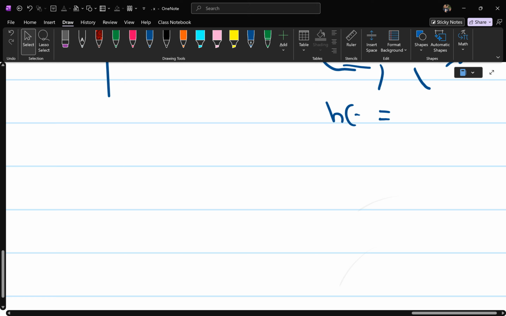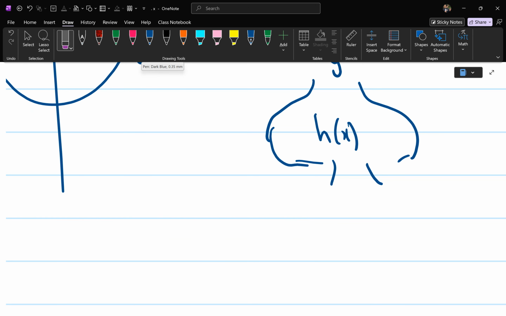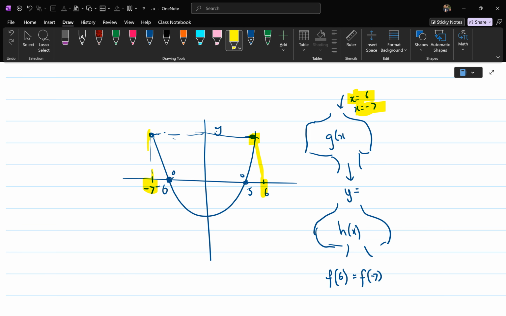So what I'm trying to say is, at the end of the day, that hybrid function, or the composite function, f of 6 should be equal to f of negative 7, logically. So these two values correspond to that one y value, which will be the same.